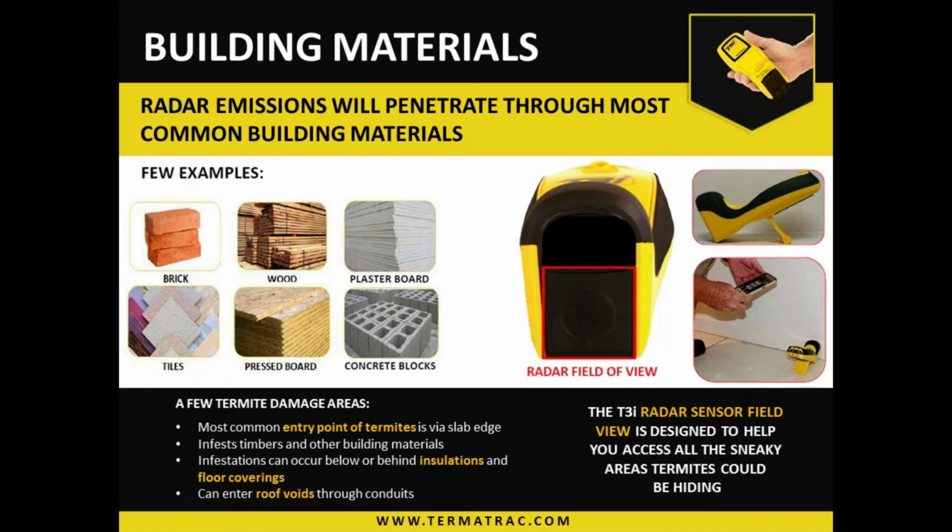So to give you an indication on depth penetration, a test concluded with framing timber, which was a pine, so a softwood, with plasterboard on it, we're achieving between 80 and 85 millimeters of depth penetration with an adequate reading on the screen of our Android.